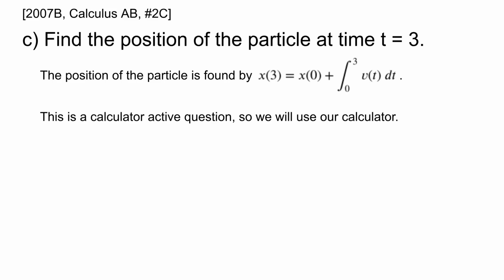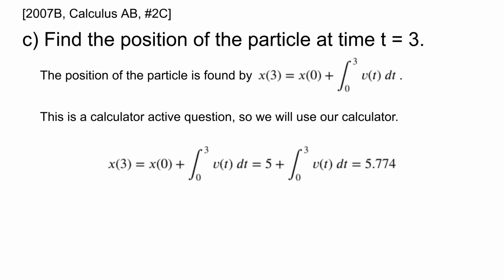And since this is a calculator active question, we will use our calculator to evaluate the integral. X of 3 equals x of 0 plus the integral from 0 to 3 of v of t dt, which is 5 plus the integral from 0 to 3 of v of t dt, which is 5.774.